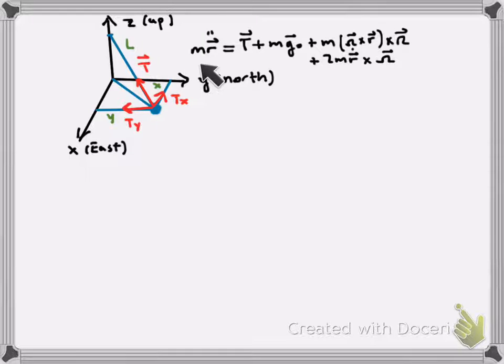We have m times the second derivative of the position with respect to time is equal to the tension in the string of my pendulum plus mg naught, which is just the gravitational force at this local region in space, plus m omega cross r cross omega, that's the centrifugal force term in the non-inertial rotating frame, plus 2m r dot cross omega, and the 2m r dot cross omega is the Coriolis term.